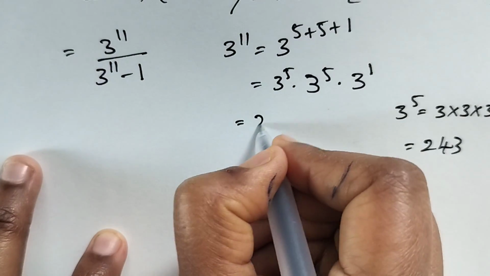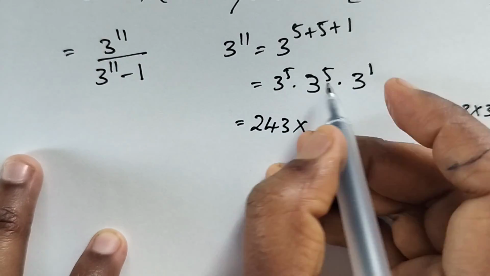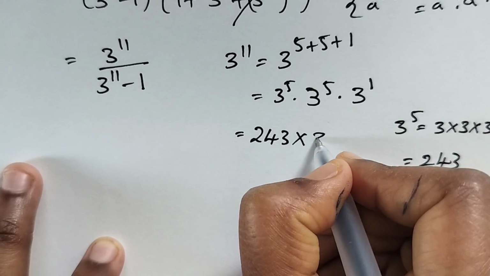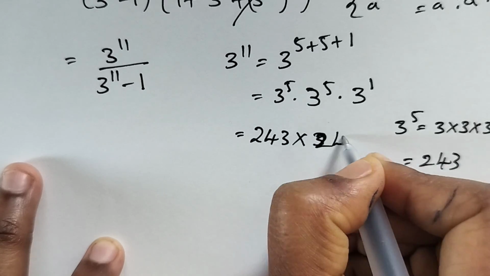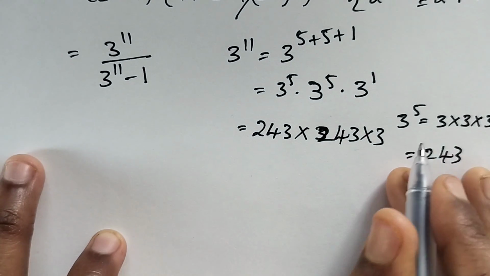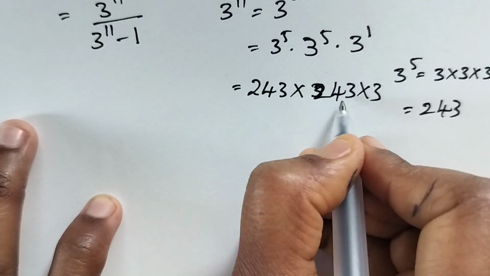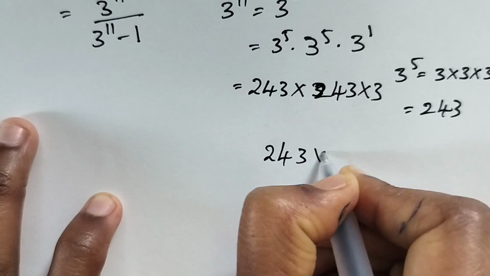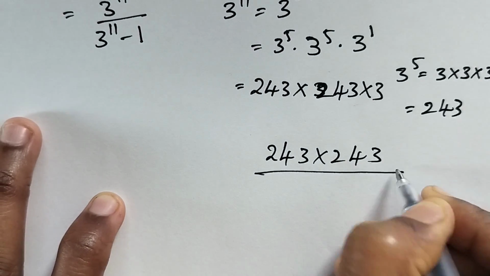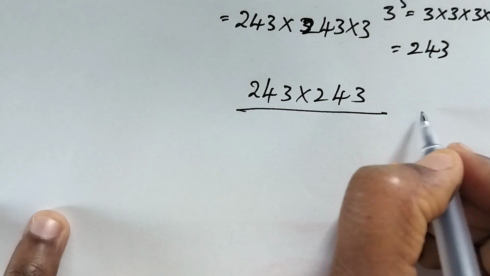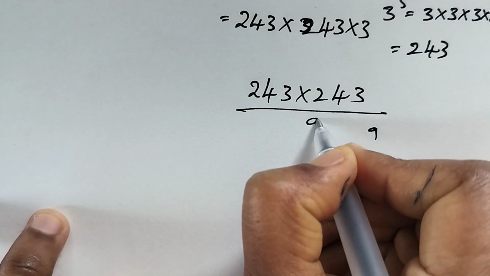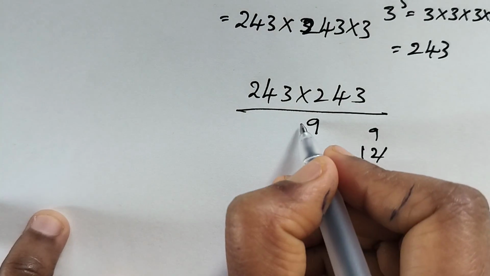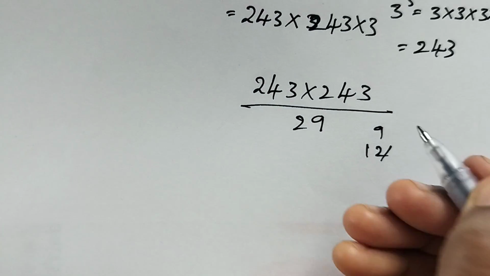So now 243 times 243 times 3. Here first we are multiplying these terms, 243 times 243. So 3 times 3, 9. 3 times 4, 12. 3 times 2, 6, 7.